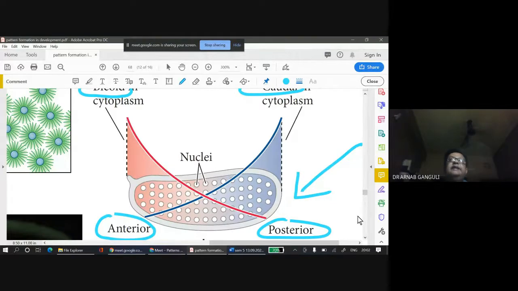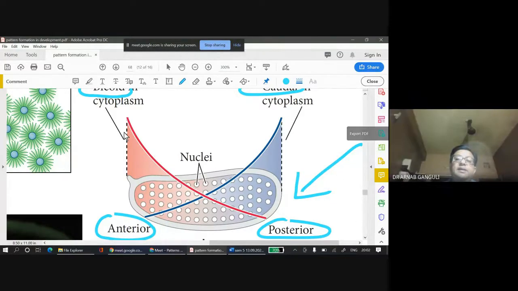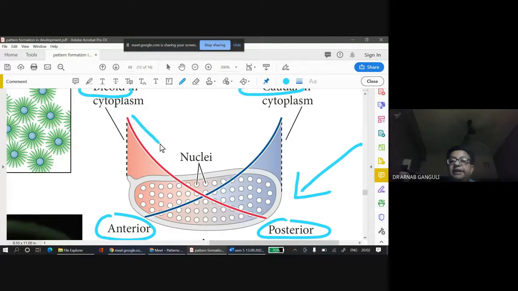Already the egg is there. You have a higher concentration. This is a gradient, high concentration to low concentration. More towards the anterior side, you have higher concentration of bicoid, and gradually a higher concentration of caudal on the other side.